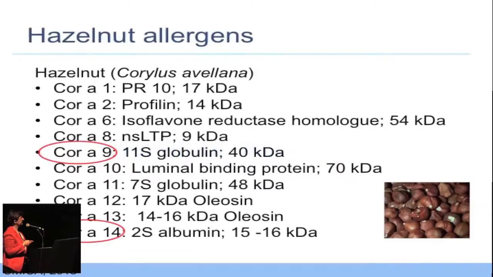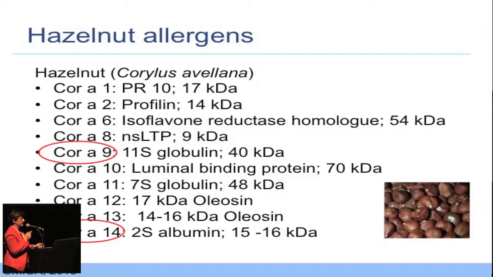Now let's go to hazelnut allergy. Hazelnut is also consumed quite frequently. Again, a number of allergens have been identified, but again, I would like to concentrate only on those two. And in addition, again, we have the PR10, the Bet v 1 homologue, as the Cor a 1.